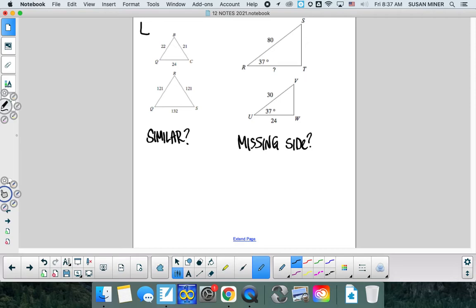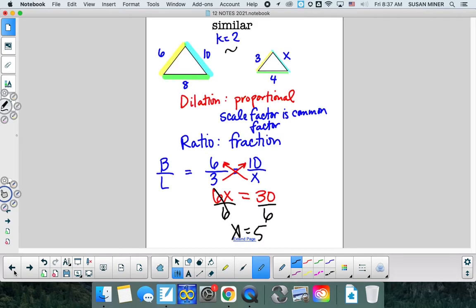And remember, in a dilation, all sides remain proportional to each other based on the scale factor. So all the sides have to have these ratios that are equal to the scale factor. So each side, 6 over 3, has to be 2, right? And 10 over 5 has to be 2.